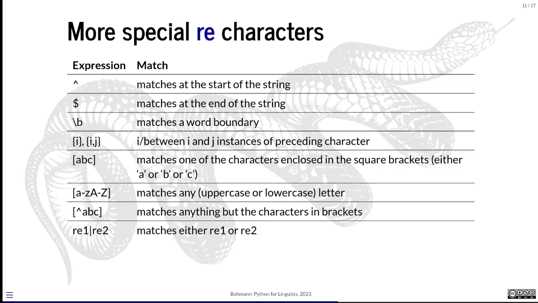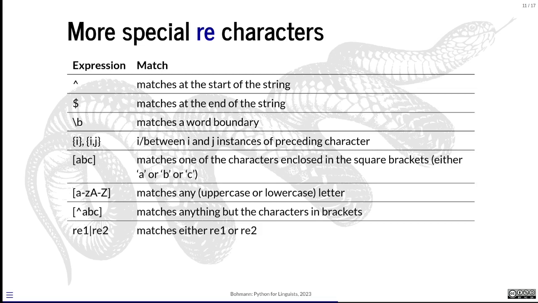And then there's another sequence of characters that modifies how the previous character is to be read. So curly brackets i is exactly i matches of the preceding character, and curly brackets i comma j is between i and j matches.